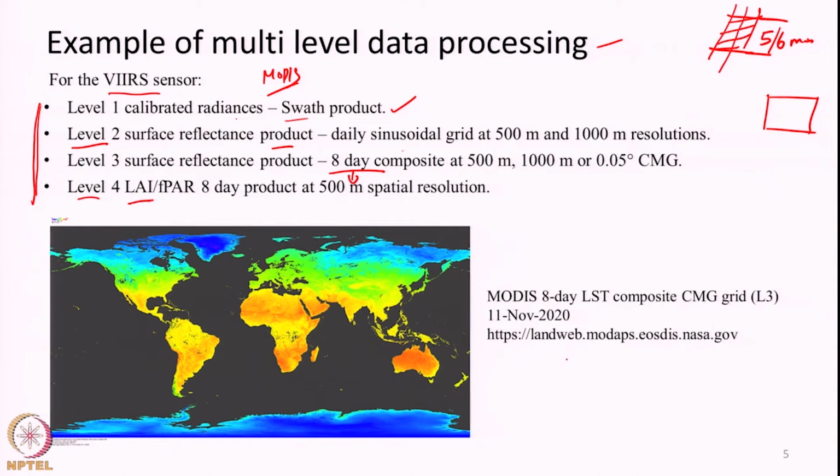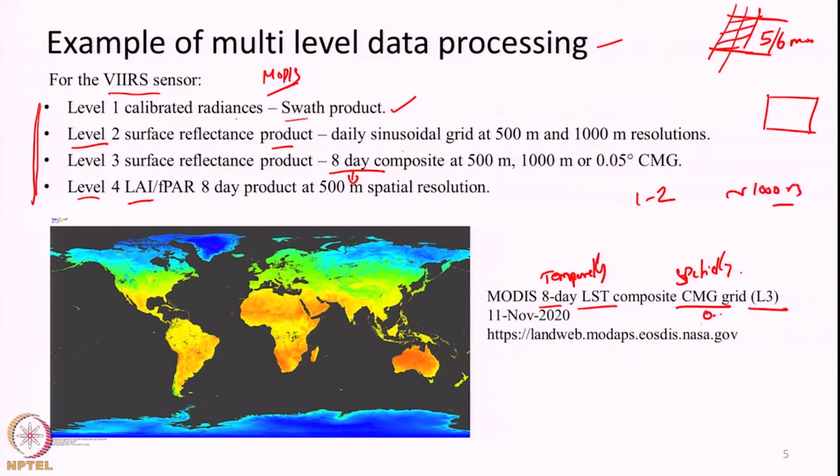Okay. So, this is one such example, and what I have shown here is an example for MODIS 8-day LST composite in a CMG grid. So, this is both temporally as well as spatially aggregated. So, this is a level 3 data. MODIS observes the earth every 1 to 2 days. In the thermal band the spatial resolution is roughly 1000 meters.